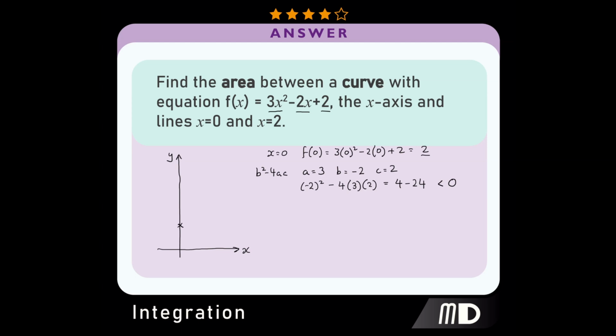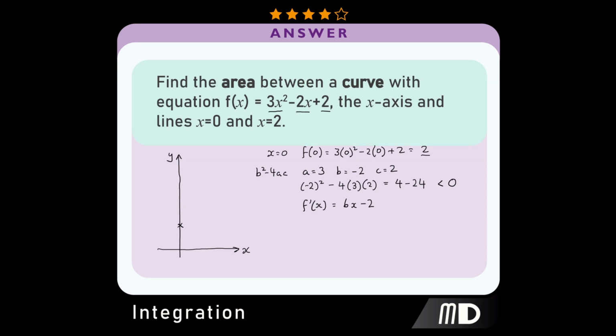It does, however, have a turning point. So I'm going to differentiate it to find the position of that turning point. So f dash x is equal to 6x minus 2.